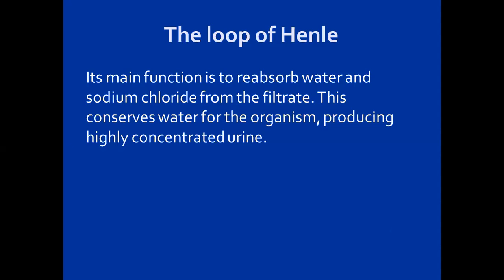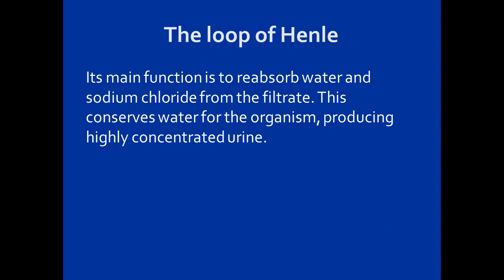So the filtrate that passes through from the glomerulus into the tubule contains an extremely high volume of water, and most of that water is reabsorbed. And I'll give you some figures later on so that you can compare the volume of filtrate versus the volume of urine that is produced in 1 minute. And so a lot of the reabsorption of water occurs, in fact, in the loop of Henle.